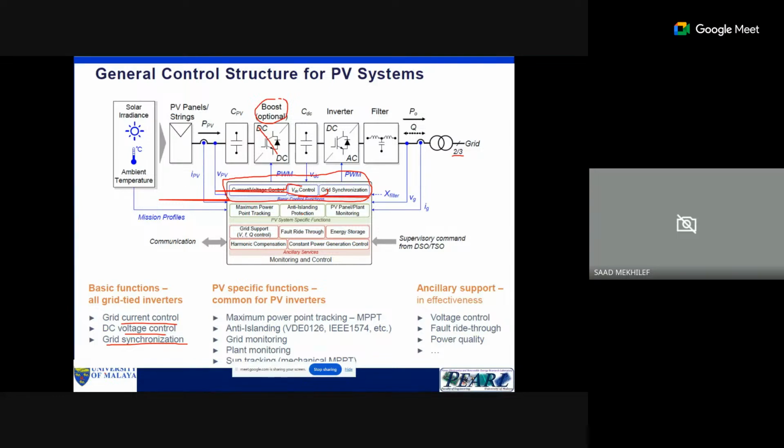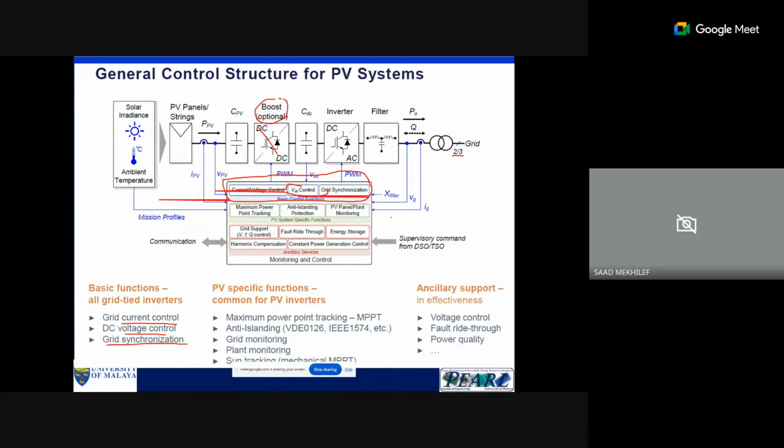It means that in case there is a fault on the grid, the inverter should be able to disconnect from the grid, which we call islanded mode. This is very important for all inverters, because sometimes in order to protect our PV systems, we need to disconnect from the grid. Because the grid is too big, sometimes the inverter has to disconnect.